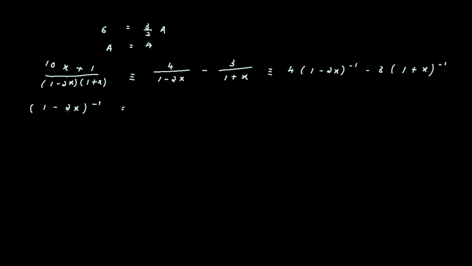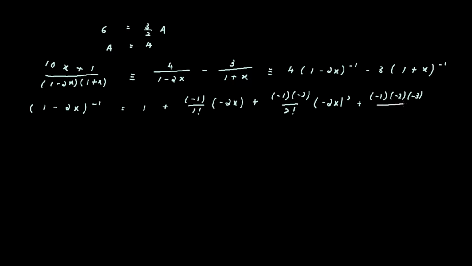So you just continue: 1 plus, power negative 1 times negative 2x, plus power negative 1 over 2 factorial times negative 2x squared, plus power over 3 factorial, so negative 2x to the power of 3.